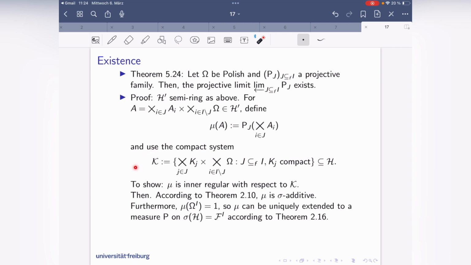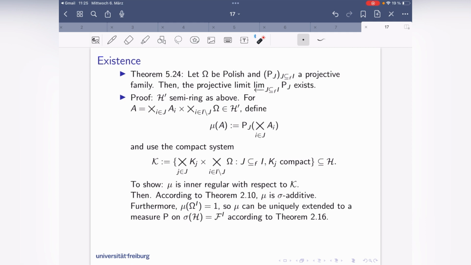And the compact system we're using is this here. You will show in one exercise why that's a compact system at all. So what is it? You take an interesting bit and a not so interesting bit here. In the interesting bit, you take only compact sets. You take a compact set in every coordinate in J and the full space in all the rest.